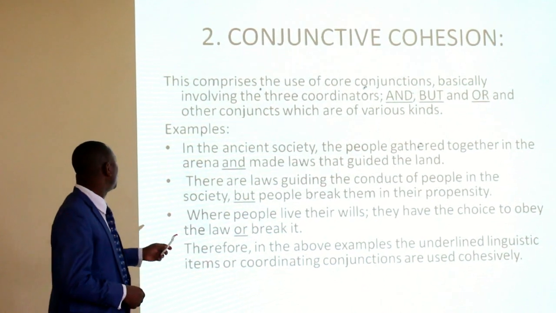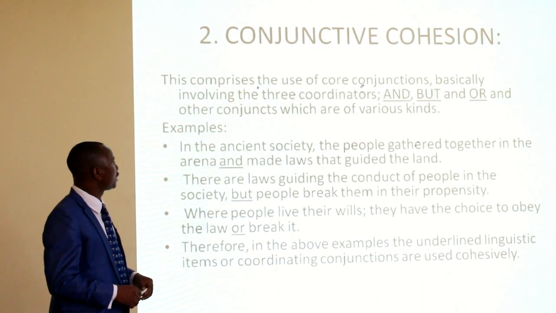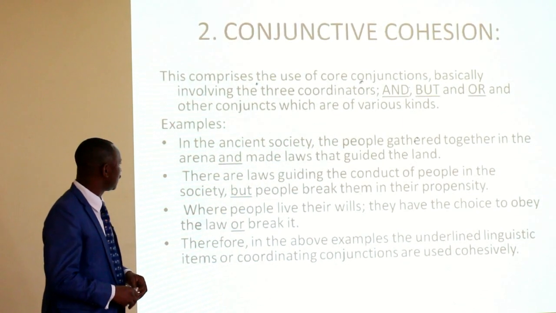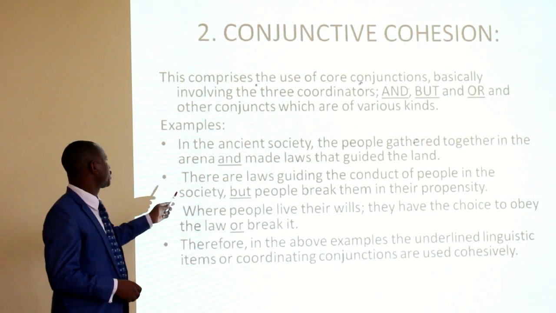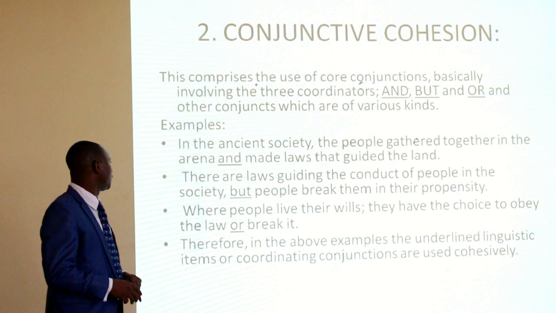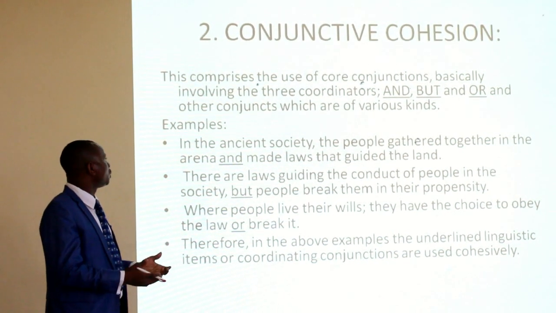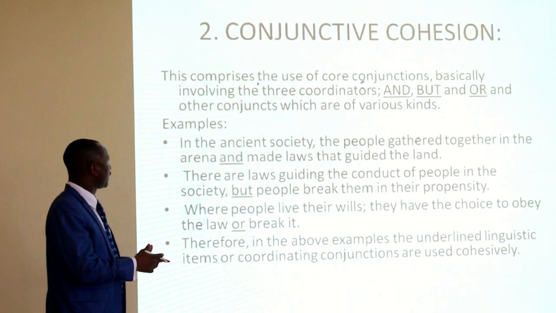Take for example: "In the ancient society, the people gathered together in the arena and made laws that guided the land." The conjunction "and" is underlined. So it is there to serve as a conjunctive device.